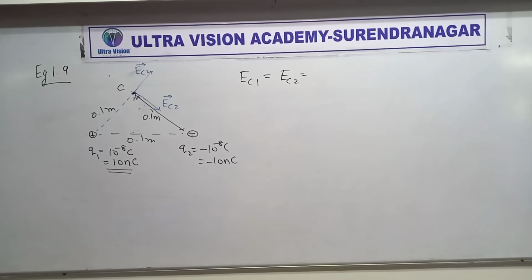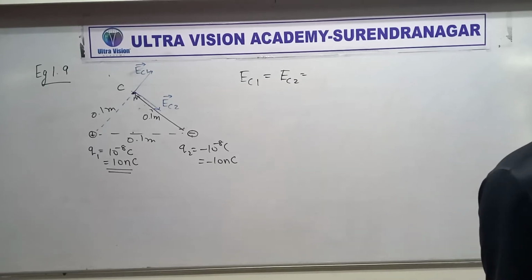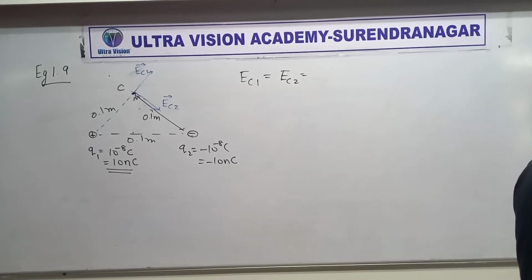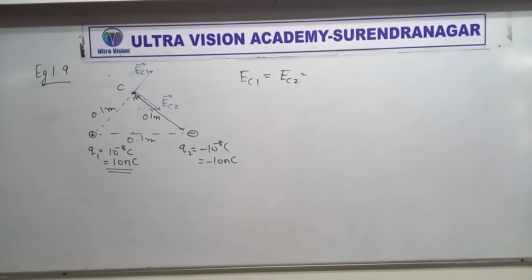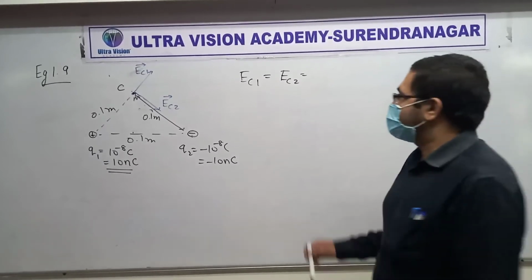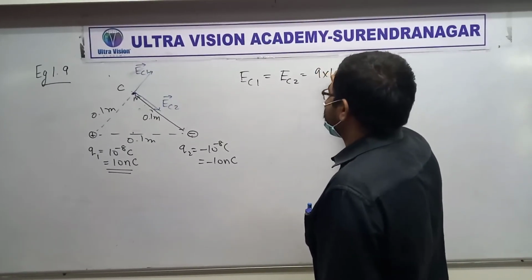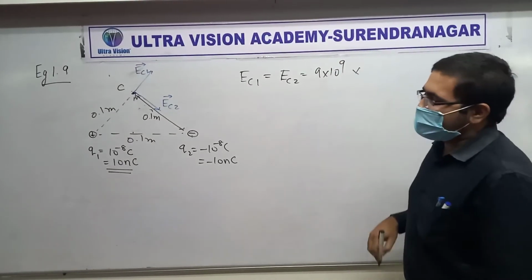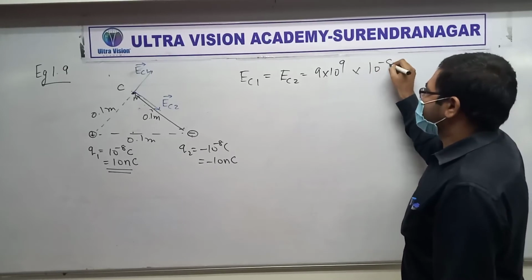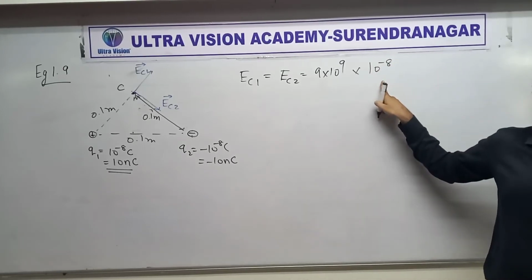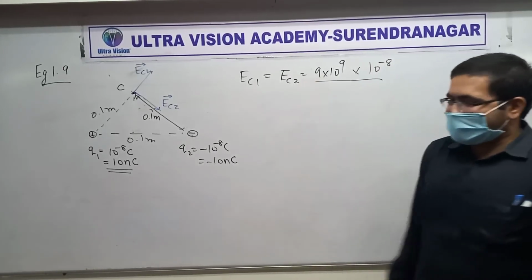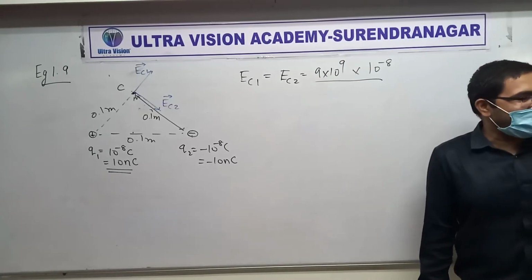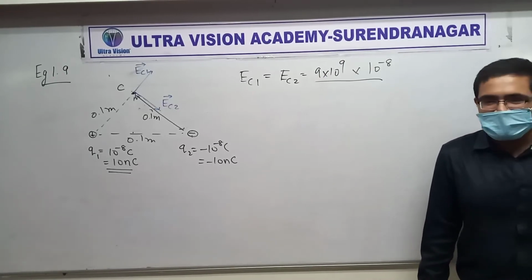Check the calculation. You have made a silly mistake somewhere. No. 9 into 10 raised to 9 is K first of all, into Q. Q is 10 nanocoulomb, or 10 raised to minus 8. Clear? Divided by R square. The formula is KQ by R square in magnitude.